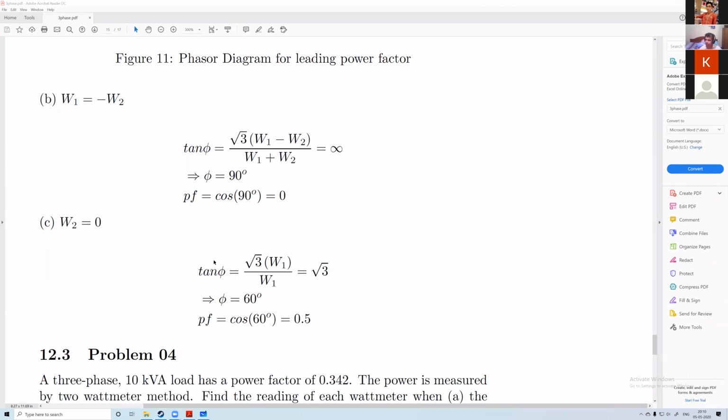Phi is tan inverse of √3, that is 60 degrees. Power factor is cos 60, that is half. Okay. Clear?